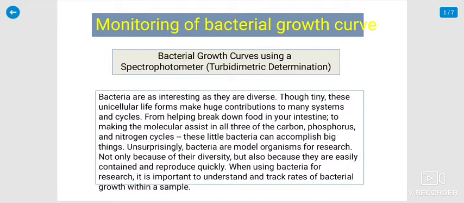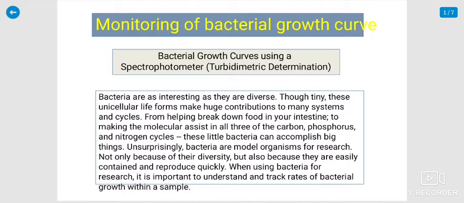Fungus also often starts growing. Bacteria will start the growing stage within 3 days. It automatically grows through the lag phase, stationary phase, and death phase. These are the growth curve. Now we discuss monitoring the growth curve of the bacteria.